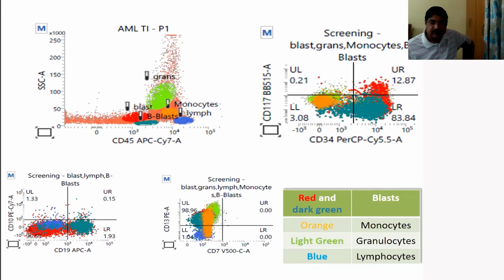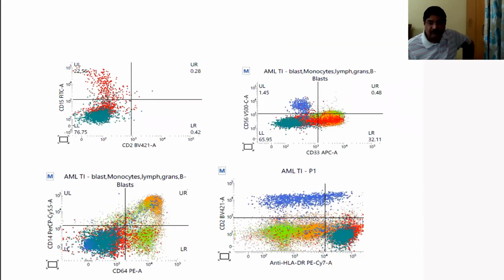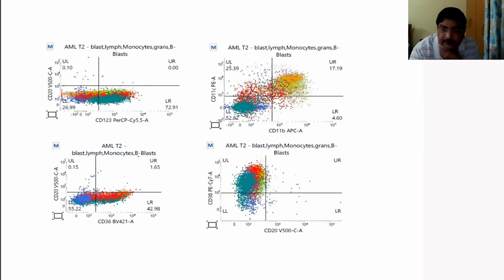Next. So myeloid and lymphoid markers, they are positive for HLA-DR. I'm just hurrying up by mentioning the positive ones. Next. And you are finding them being positive for CD38 and positive for the immaturity marker CD123. CD123 is a marker of immaturity.